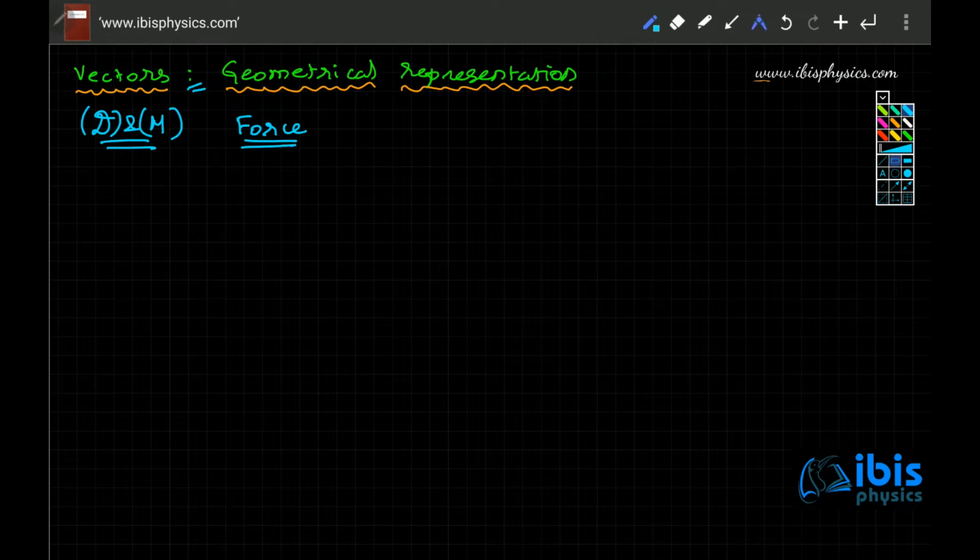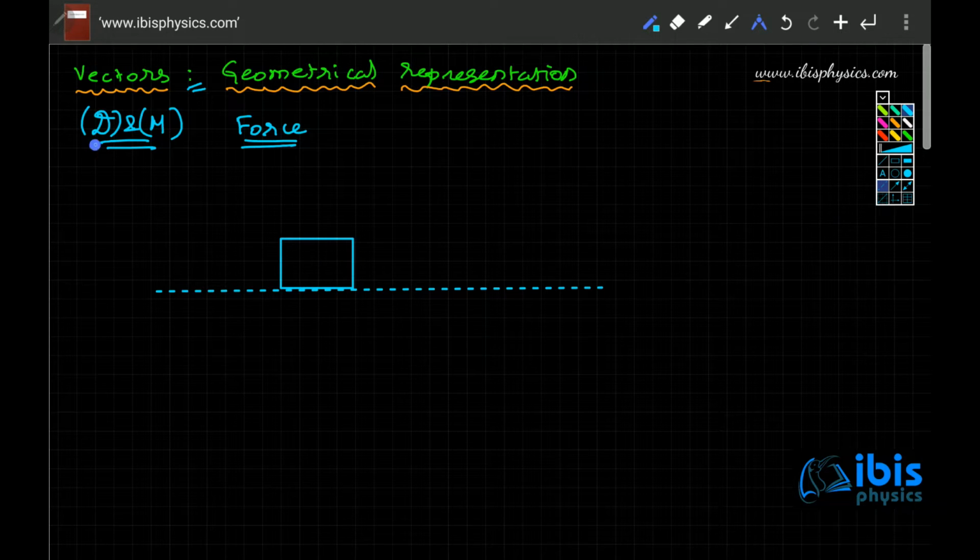Okay. Suppose there is a block, and you and your friend are both trying to move the block towards east. You are going to apply force, which is a vector, and when you want to represent it geometrically, that geometrical entity should have magnitude as well as direction.